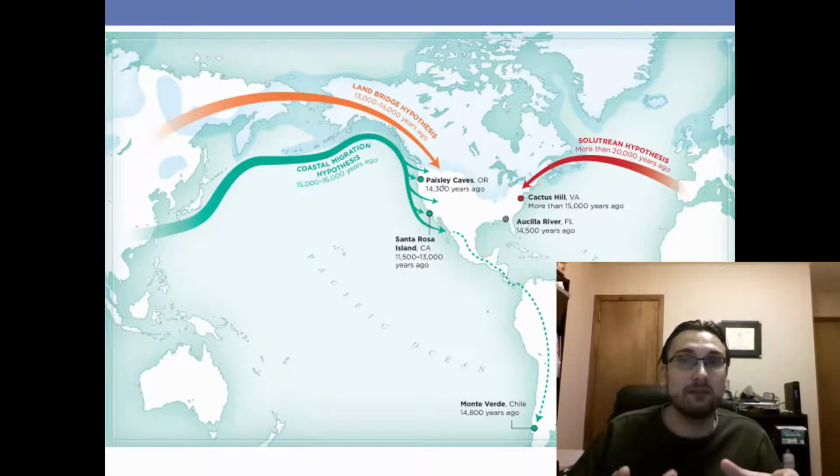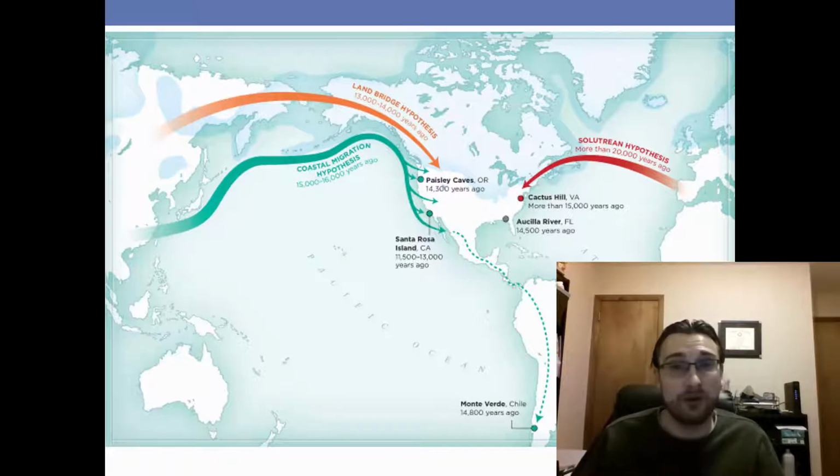Over this land bridge, animals began to move from one location into the next, and the humans who were hunting those animal groups moved along and migrated with them into the Americas, and from there spread throughout North and South America.